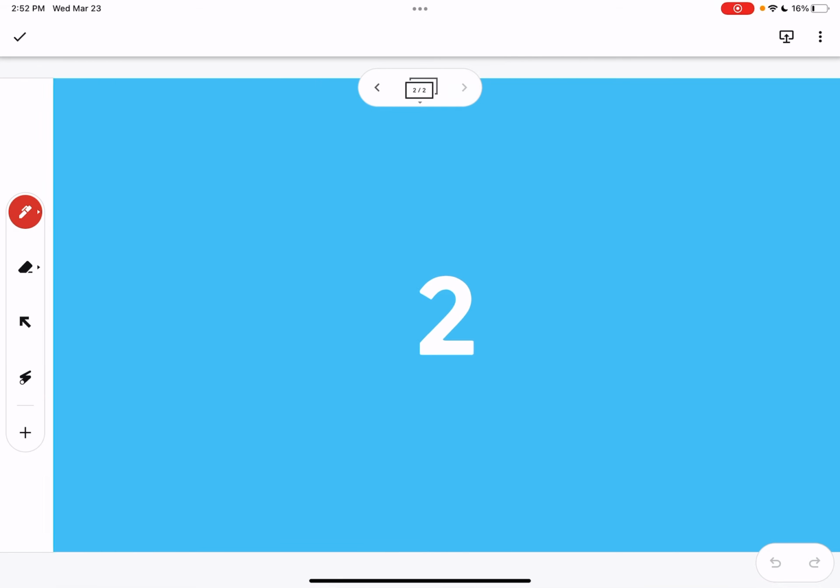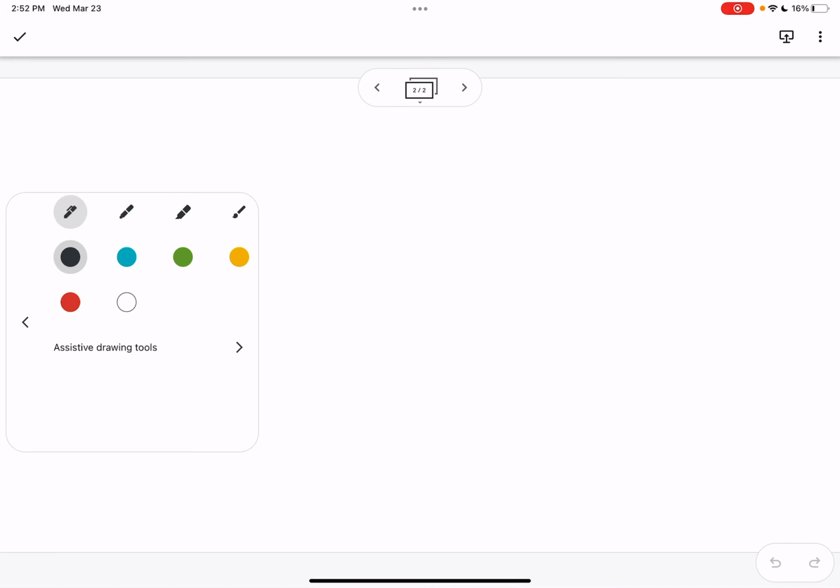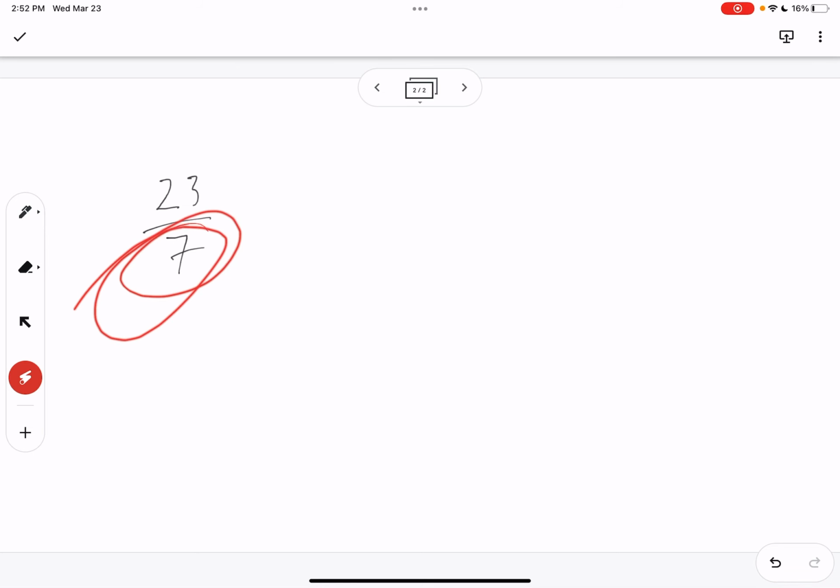Let's go with 23 sevenths. We know this is an improper fraction because the top number is bigger than the bottom number. So we're going to pull out a calculator to see how many whole fractions are in there.